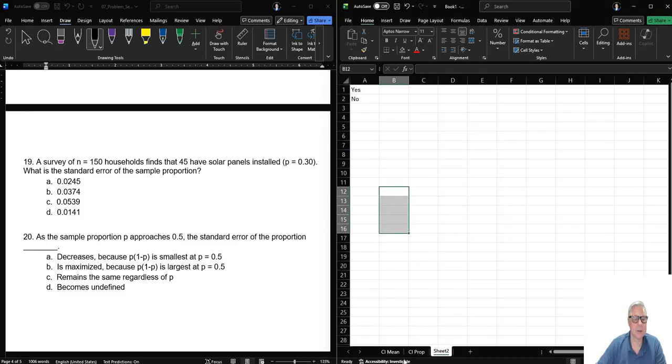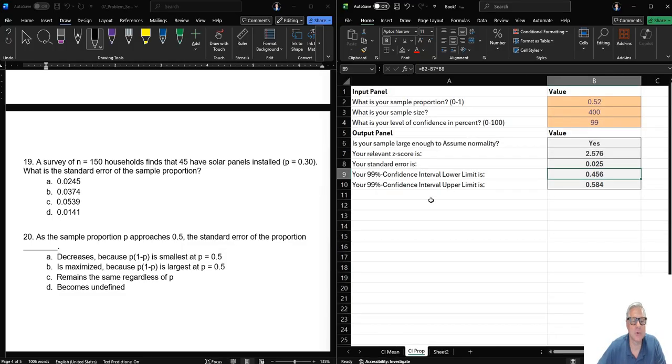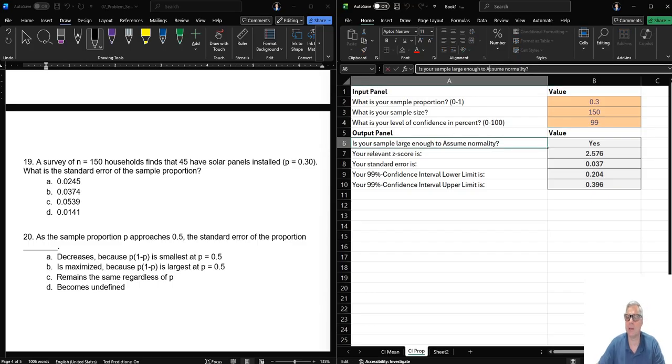Okay, so what is the next question? A survey of 150 households finds that 45 have solar panels installed. Okay, so the sample proportion p is 45 divided by 150, and that is of course 0.3. Our sample size is 150, so we can assume normality.